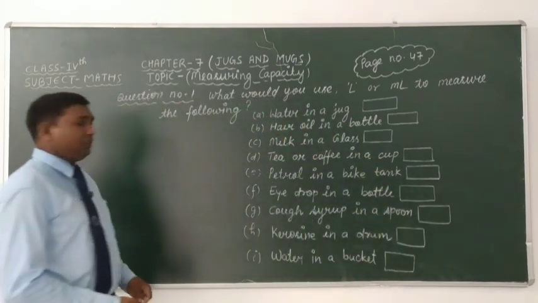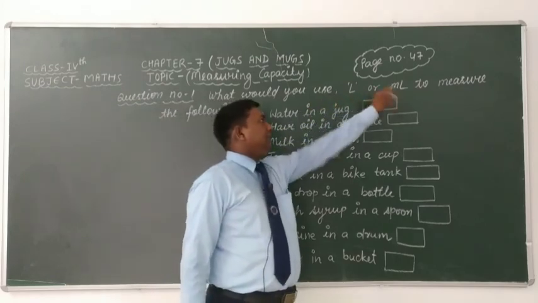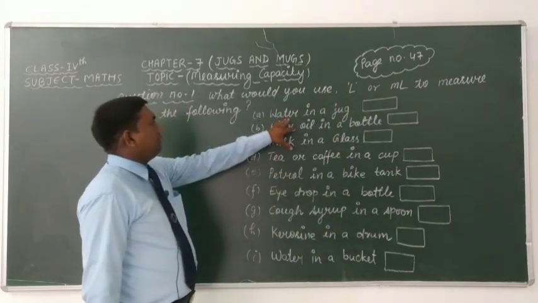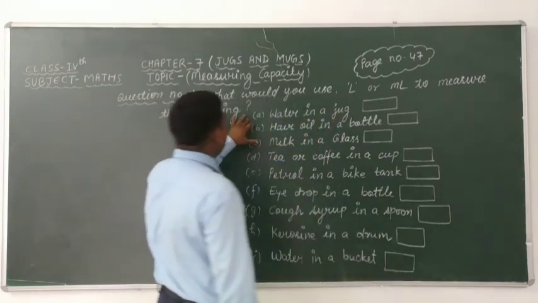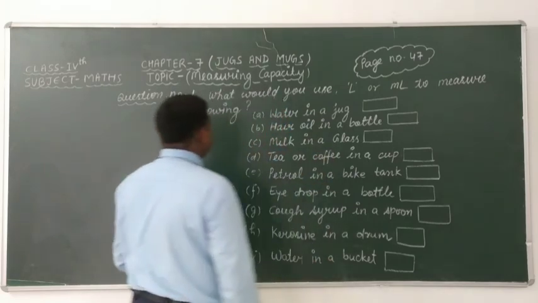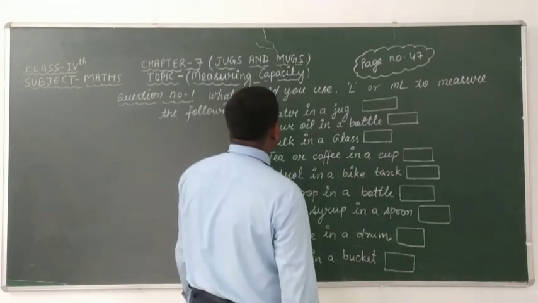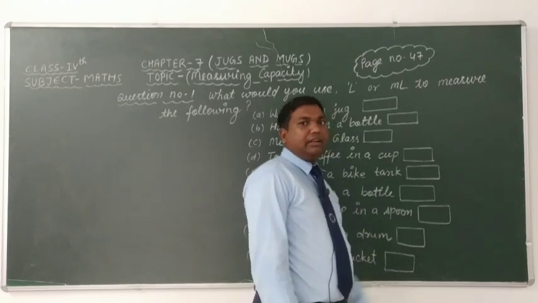Okay, dear students, in this question we use liter or milliliter to measure the given things. It means that in this question, given is water in a jug. Dear students, we know that a jug has larger quantity.